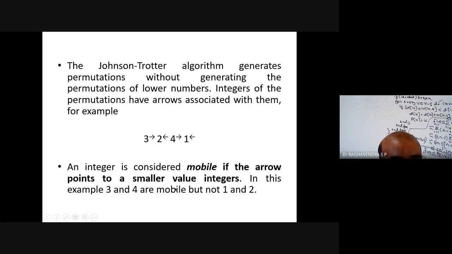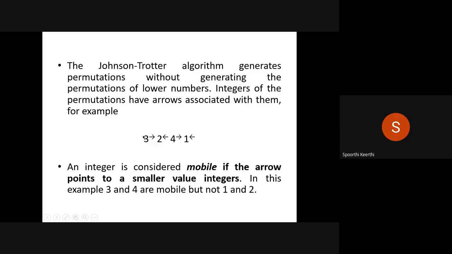Both 3 and 4 are mobile, but 1 and 2 are not mobile. Why are 3 and 4 mobile? Because 4 is pointing towards 1, and 4 is greater than 1. So that is why 4 will be declared as mobile. Similarly, 3 is pointing towards 2 and 3 is greater than 2. So that is why 3 will be declared as mobile.